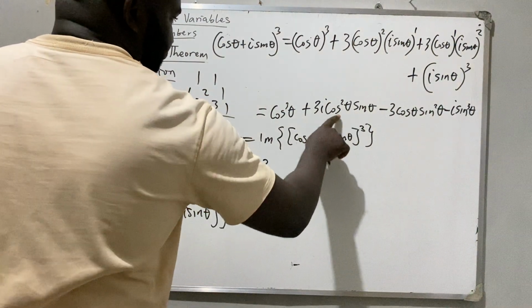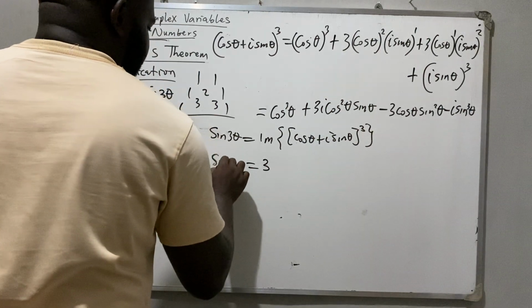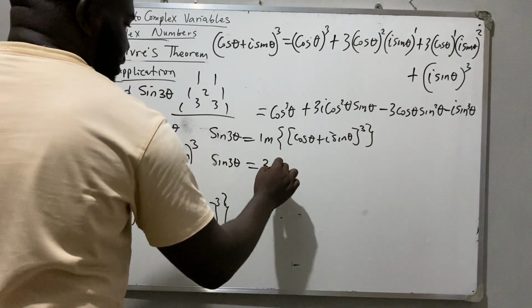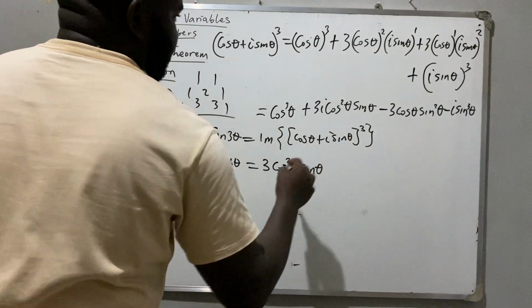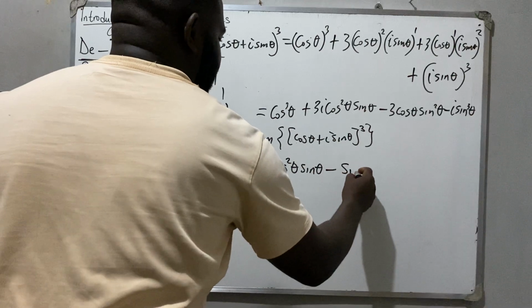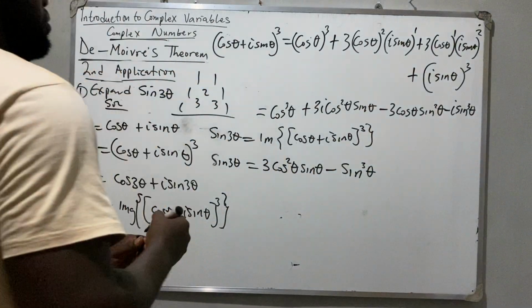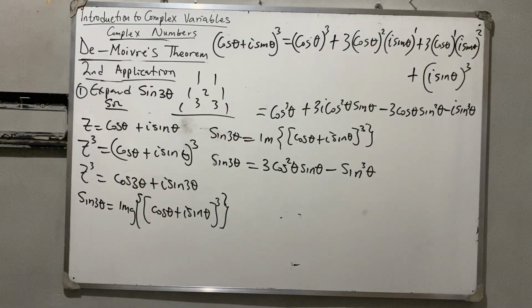So this one has i, 3 cos squared theta sine theta. This one has i again, minus sine cube theta. So the expansion is as simple as that.